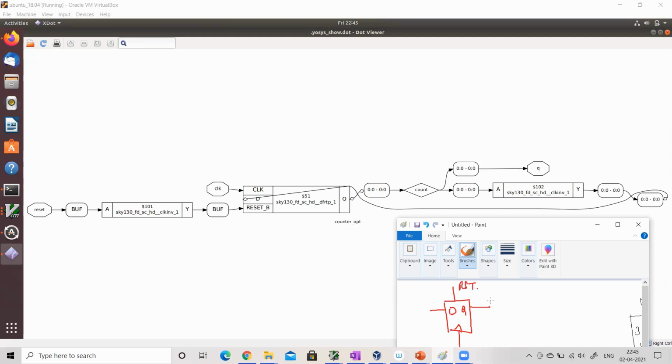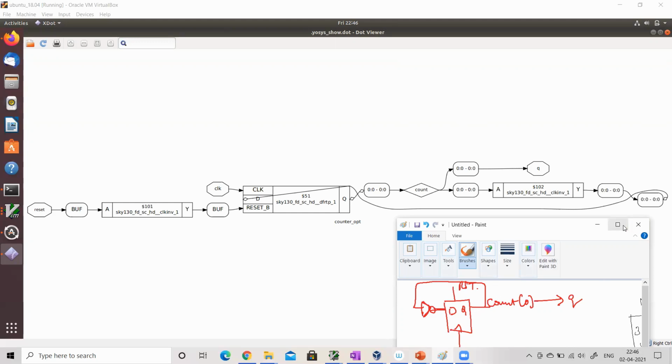So this is my count of 0, which is coming out as Q, and also it is going to an inverter here. See, the inverter is coming back to D. So this is like a toggle, right?